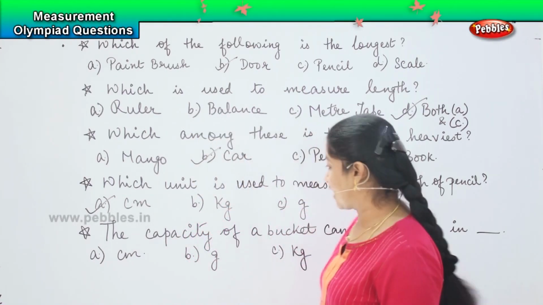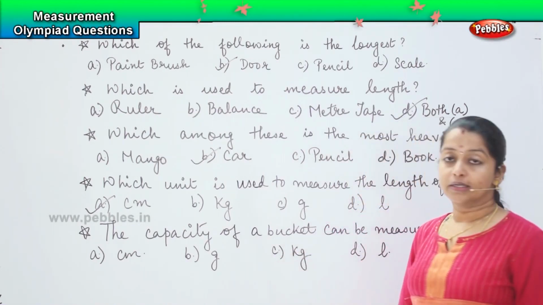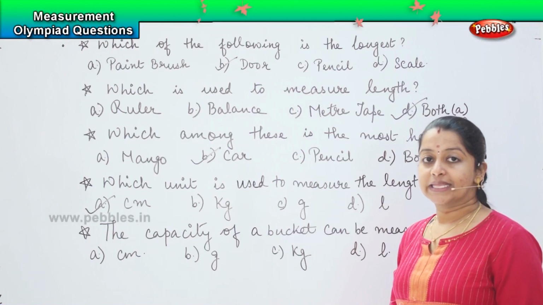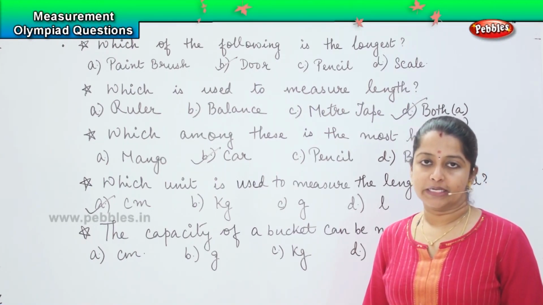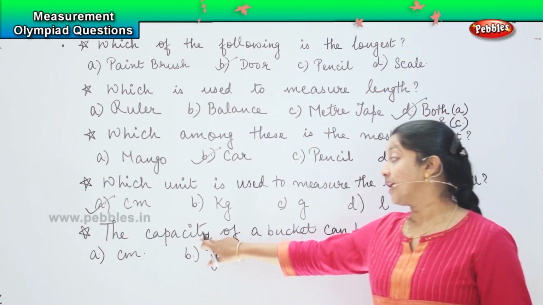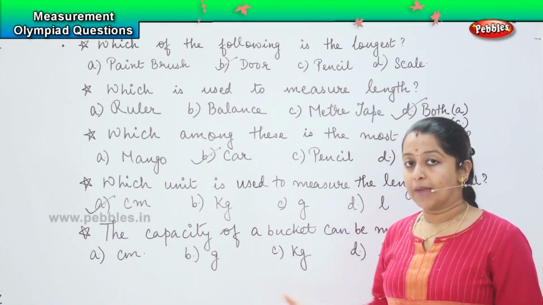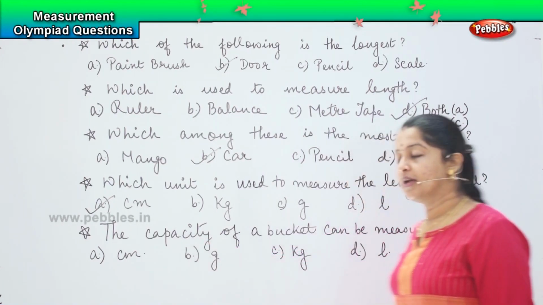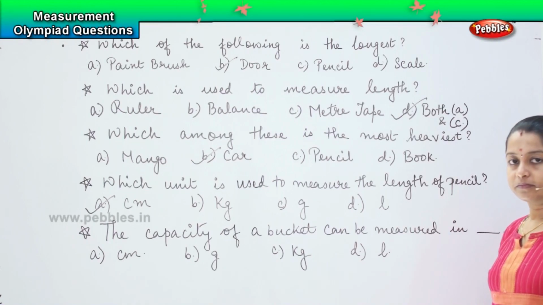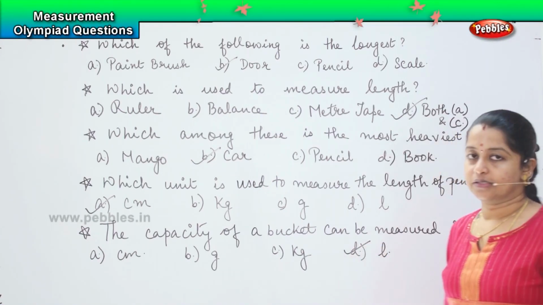So how will you measure the capacity of a bucket? If you remember, we learnt earlier that whatever comes in the liquid state, we measure in terms of liter and milliliter. So when I am talking about the capacity of the bucket, I am not asking the weight of the bucket. I am asking the capacity. So the capacity of the bucket is measured in which terms? Good. It is D liter.